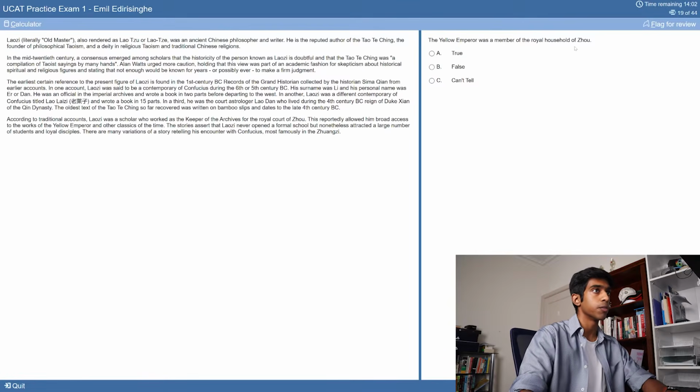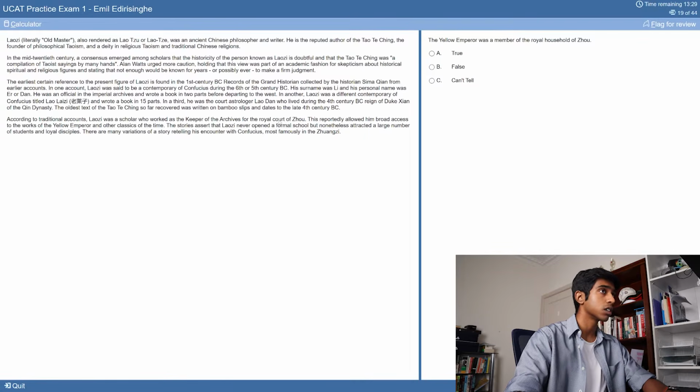Yellow Emperor was a member of the royal household of Zhou. So, oldest text so far recovered was written on bamboo slips. Was a scholar who worked as a keeper of archives. To the works of the Yellow Emperor and other classics of the time.